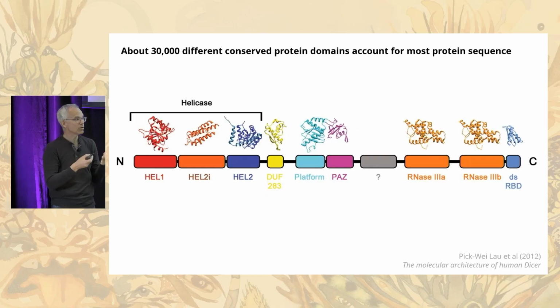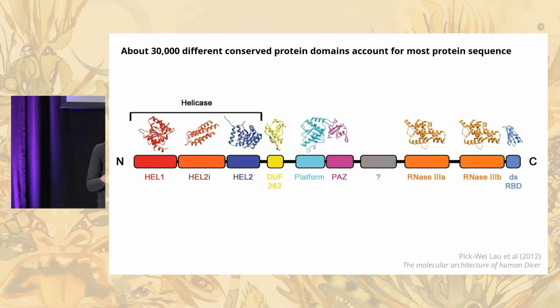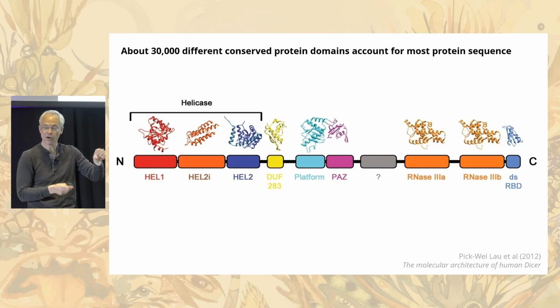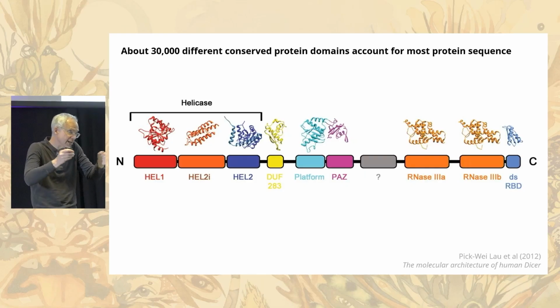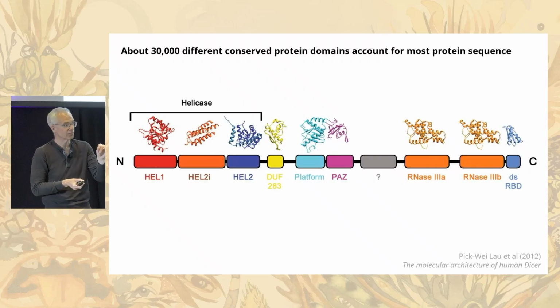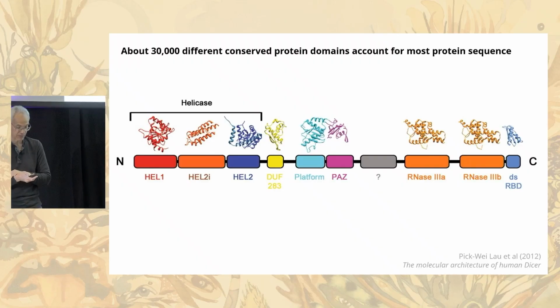And although you don't know the language, and so you're sort of struggling with your Italian guidebook to get by, you say, whatever's going on here has something to do with it's binding a double-stranded RNA, cutting it, unwinding it, and doing something with a single strand. And that is exactly what this particular protein does, which is a protein called Dicer that's involved in something called RNA interference that won the Nobel Prize.